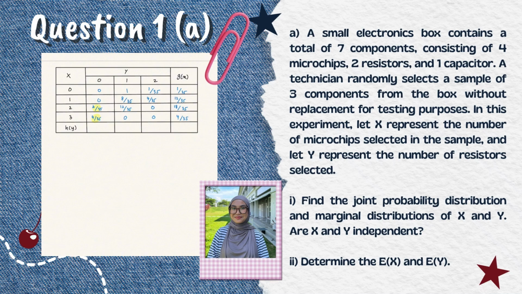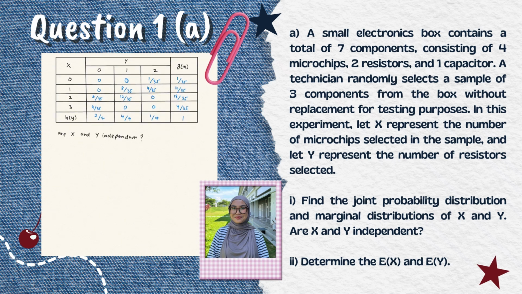And for marginal distribution of y, it would be 2 over 7. We will add 8 over 35 and 12 over 35 to get 4 over 7, and 1 over 35 and 4 over 35 to get 1 over 7, and it will equal 1.